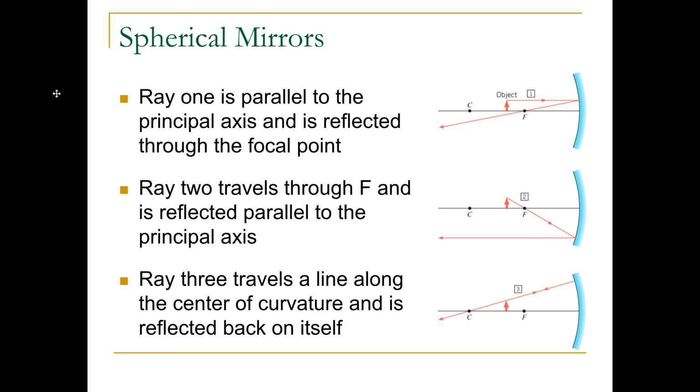So we have our first ray flat through the focal point, second ray through the focal point, then flat. Our third ray is a single straight line. It's essentially away from our center of curvature to the mirror, and then back straight through the center of curvature. So you just line up your ruler with the center of curvature and the tip of the arrow, and then draw a line along that path.